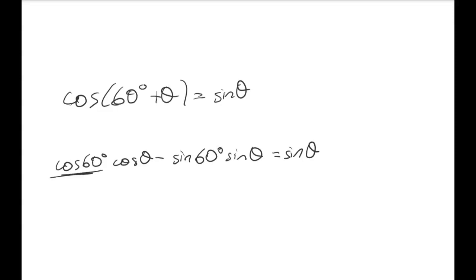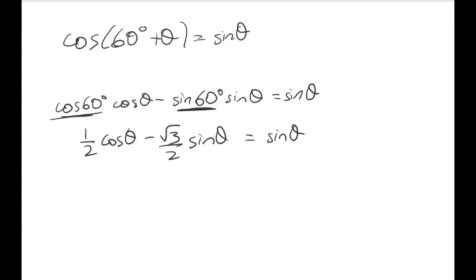So very quickly doing these exact values now, because we've just done them. We've got 1/2 cos theta minus root 3 on 2 sine theta is equal to sine theta. I'm going to clear out those fractions by multiplying through by 2. So cos theta minus root 3 sine theta is 2 sine theta.